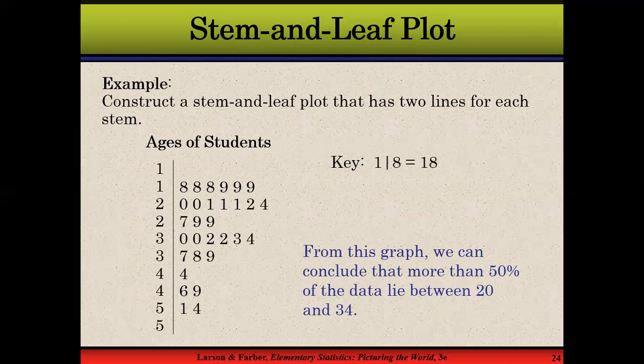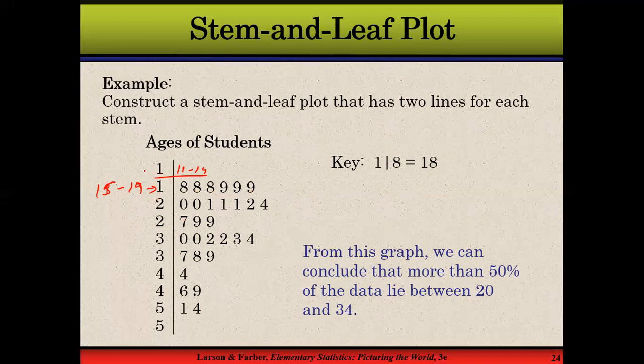For example, you can put the values from 10 to 14 in the first stem, and the values from 15 to 19 into the second stem. So you can see that we have divided each stem into 2 parts.